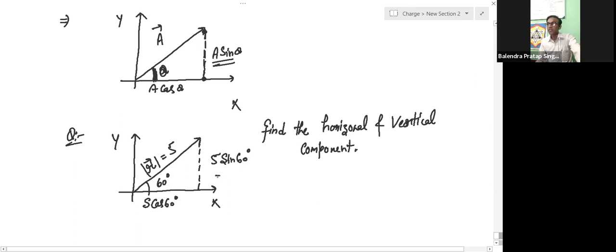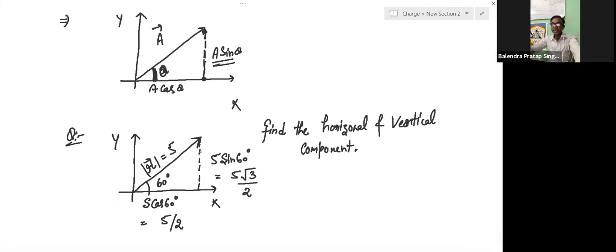The value of sin 60 is root 3/2, so this is 5 root 3/2, and the value of cos 60 is 1/2, so 5/2. So the vector is 5 units, making angle 60 degrees with the x-axis, and you resolved it: its vertical component is 5 root 3/2, and its horizontal component is 5/2.